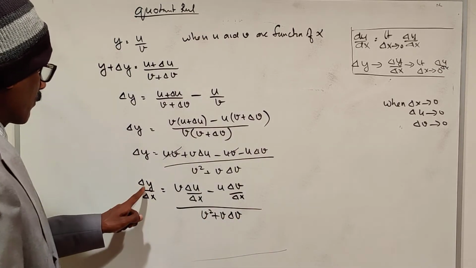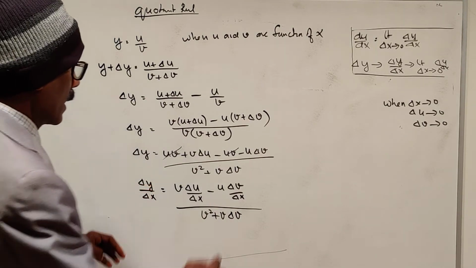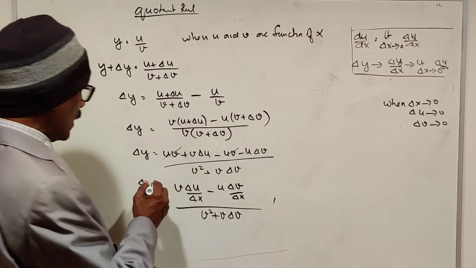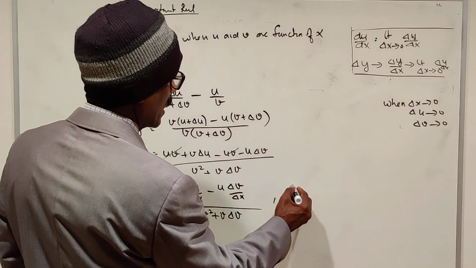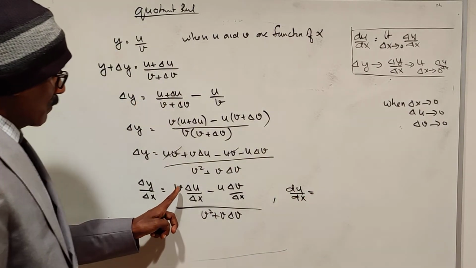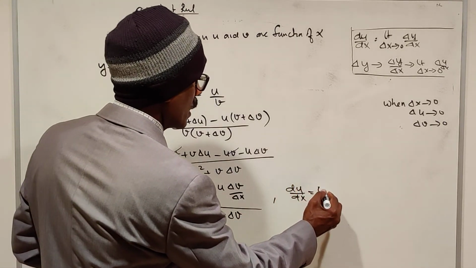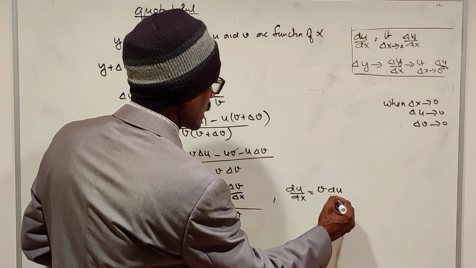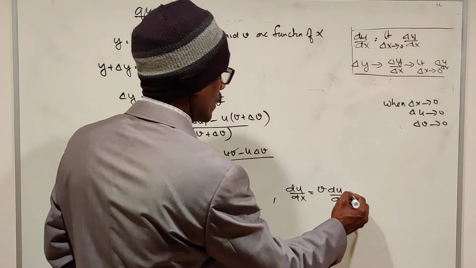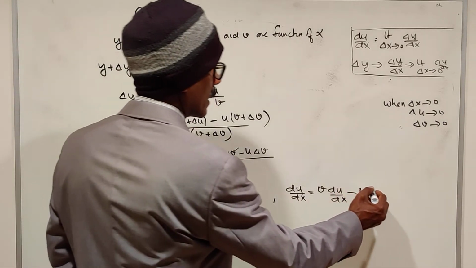Next dy by dx means apply the limits. When you put delta x equals 0, you get dy by dx equals v into du by dx minus u into dv by dx.